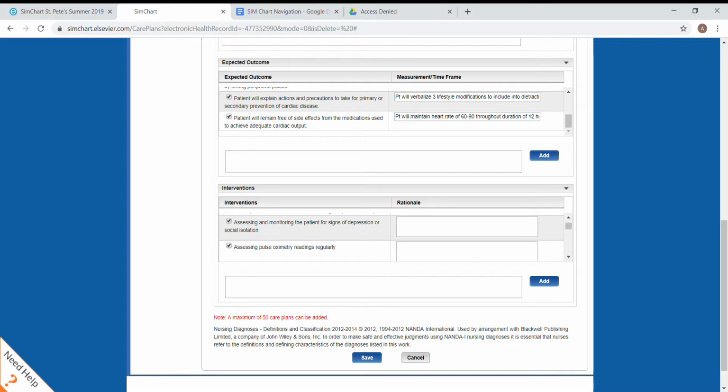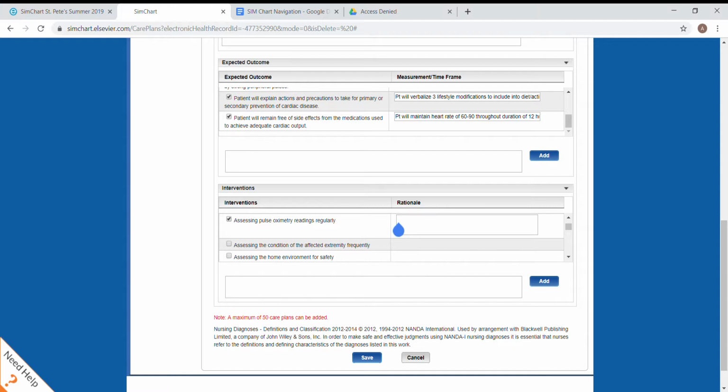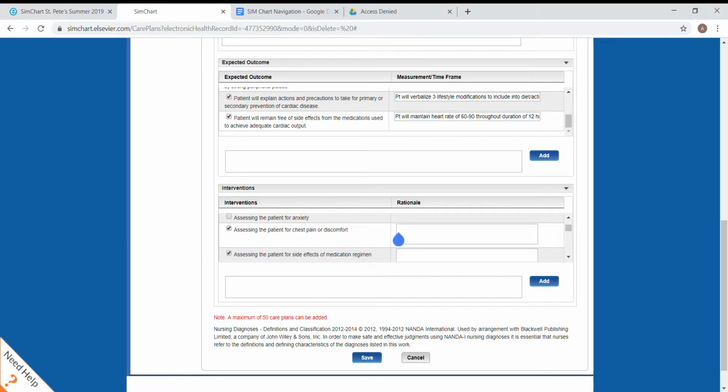I'm just going very vague here, but I think you get the point. Signs and symptoms of increased depression can worsen compliance with lifestyle modifications. And then pulse oximetry, we want to assess because we want the patient to maintain adequate levels of oxygen to perfuse the heart, etc. Chest pain can indicate, we want to be able to maintain an adequate comfort level.